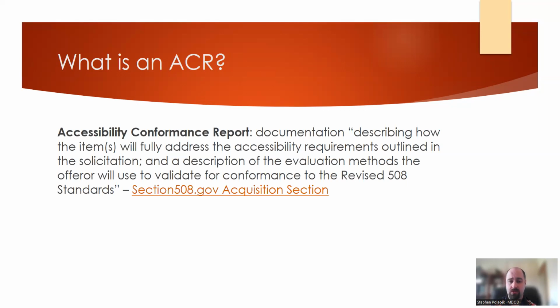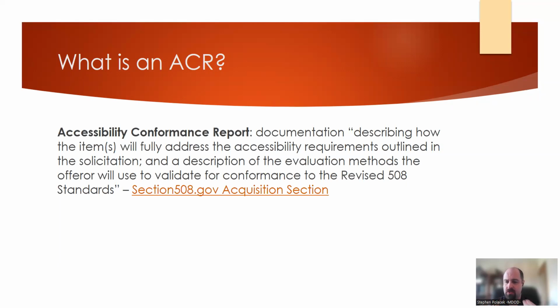Other areas such as Maryland will still use the term ACR and just adjust the definition to fit, obviously, their own laws or standards. Effectively, though, this is something a vendor should provide in order to say, yes, we're accessible, and this is how we know we're accessible. It's proof, because obviously we can claim any of our products to be accessible at any time, but for procurement purposes, we really need to demonstrate that.